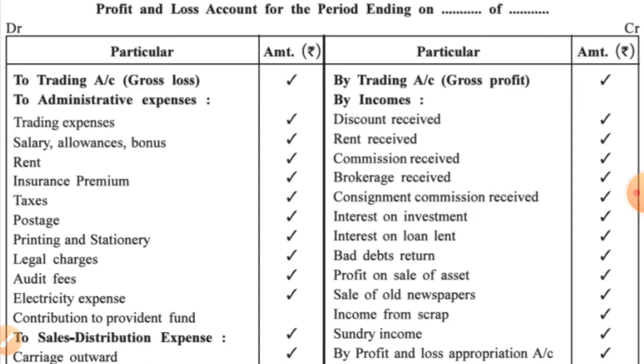Then afterwards, electricity expenses, contribution to provident fund, that is PF. Every year the firm is deducting a certain amount. Any employee of the firm has a certain amount deducted from his salary as provident fund, and in the same way the same amount is to be contributed by the firm on behalf of the employee.